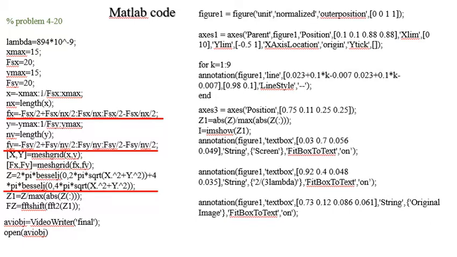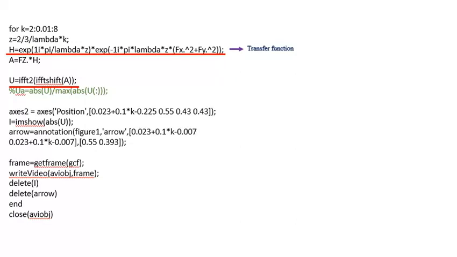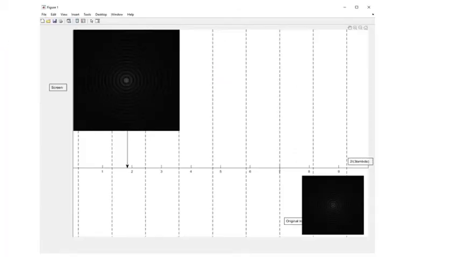Then the wave number domain, and we define some parameters and limits for the coordinates. Then we go to the transfer function, which was shown with H, and at the end we define the field behind the object. The results will be like this.